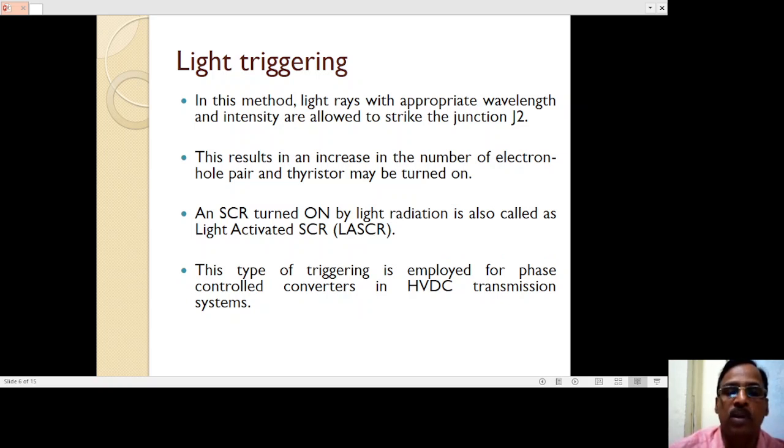LASCR stands for Light Activated Silicon Controlled Rectifier. Generally, this method is used in phase control converter in HVDC transmission.